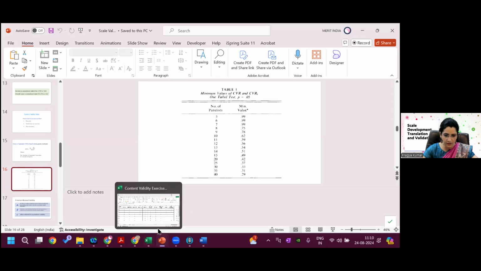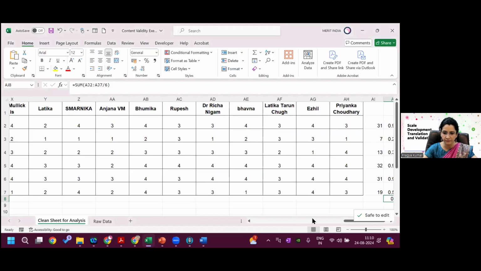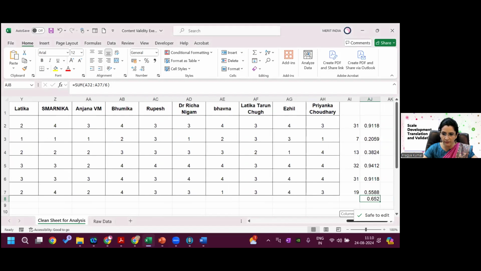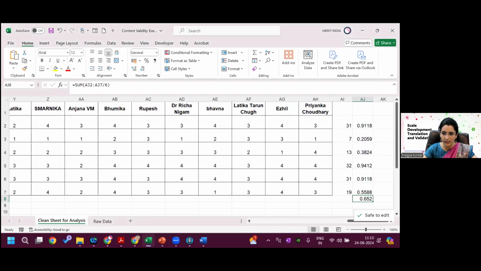So this was the Excel sheet. So how to do the content validity? What I did, I have to count all those people who have given any item a score of 3 or 4. Why? Because 3 or 4 was relevant and highly relevant. So there is an option in Excel where you can write COUNTIF.